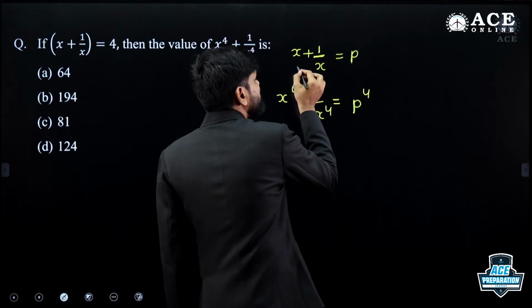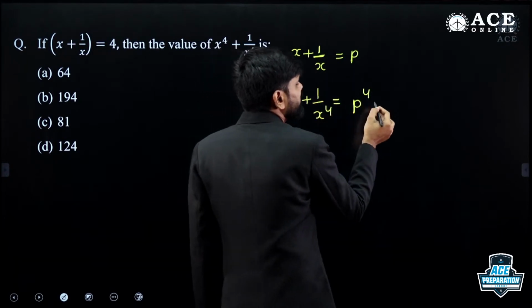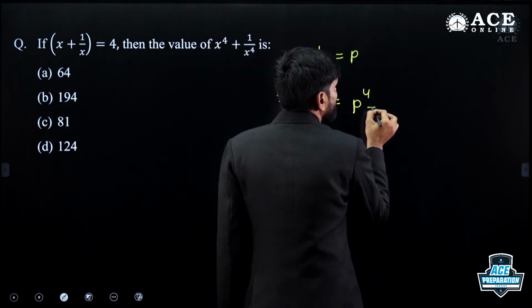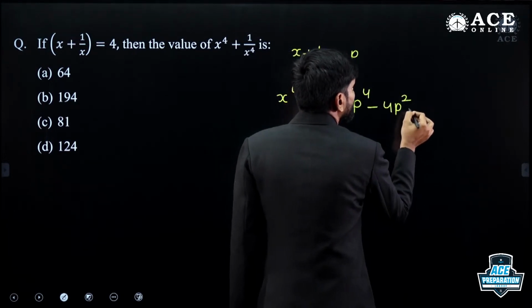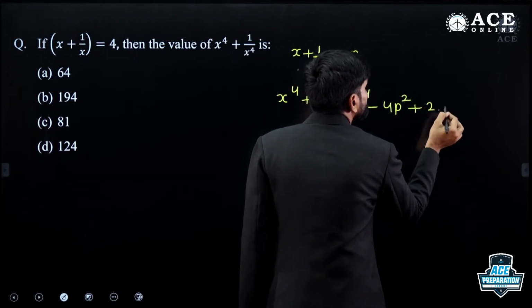Here it is x plus 1 by x, so the signs will be alternating: p power 4 minus 4p square plus 2.